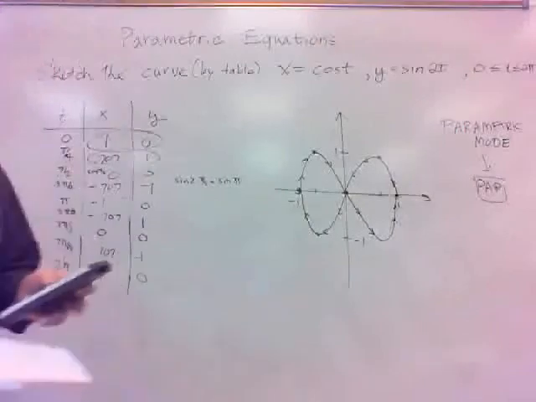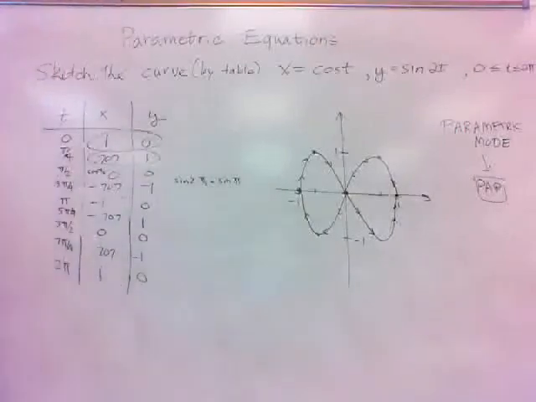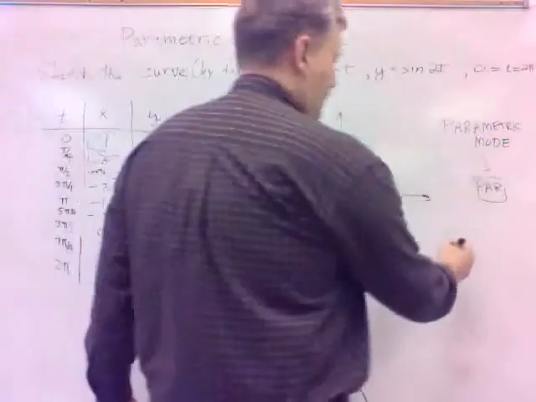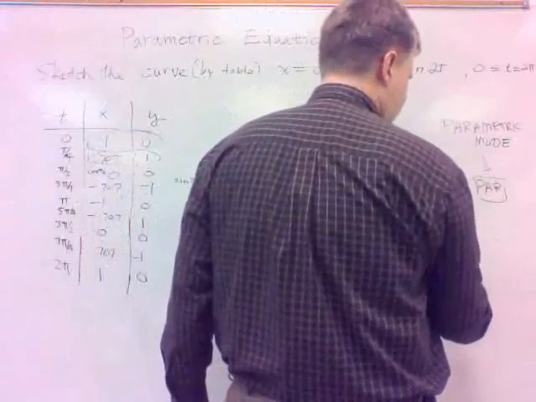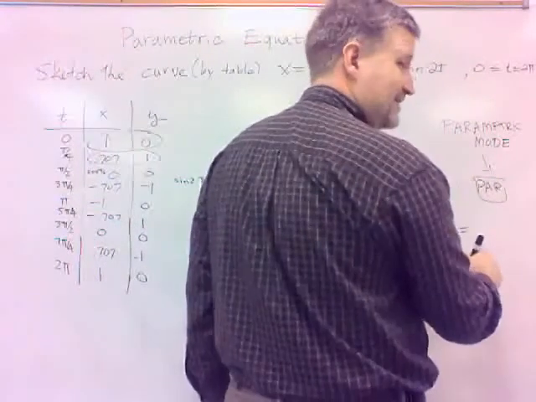Function mode is what we normally are in, but if you put it in parametric mode, just go to it and hit enter, and that changes its mode for the TIs. Then if you go to the y equals screen, what do you see? It's not really y equals anymore, is it?